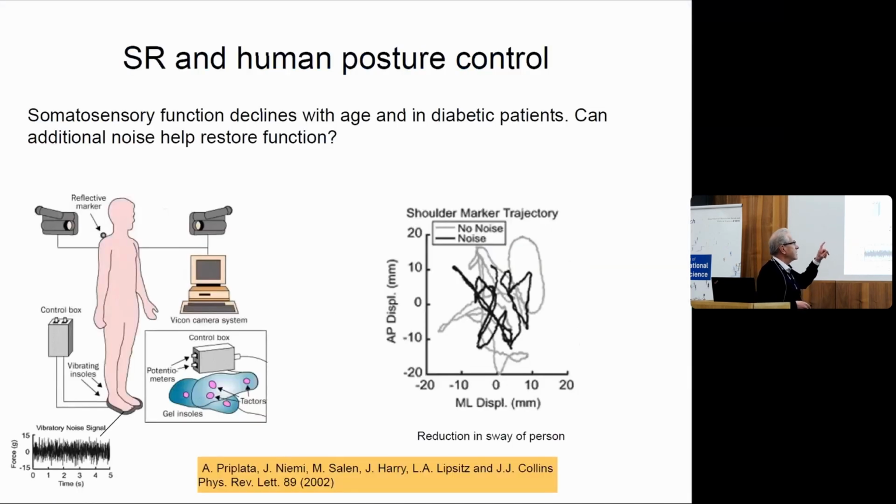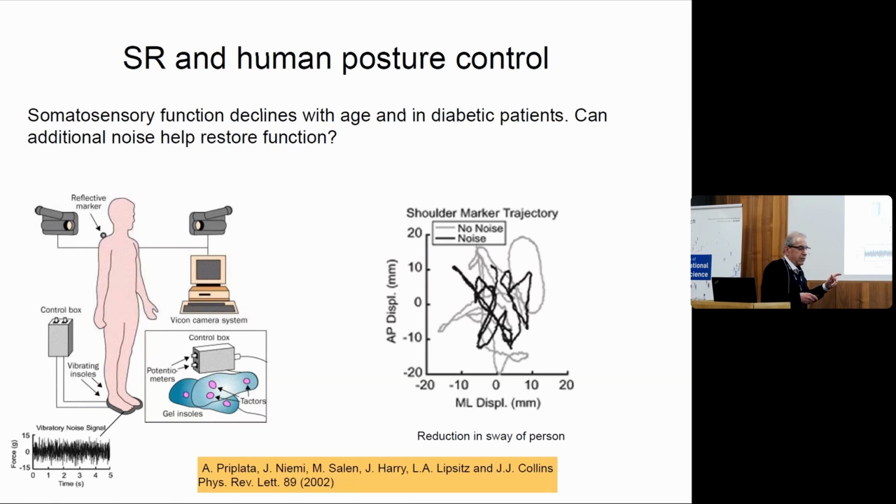And here, this picture is quite important because the group in Boston, Jim Collins, found out what has actually made a Swiss industry even, a company which has invented, including also the Boston people, stochastic resonance therapy. What is it?